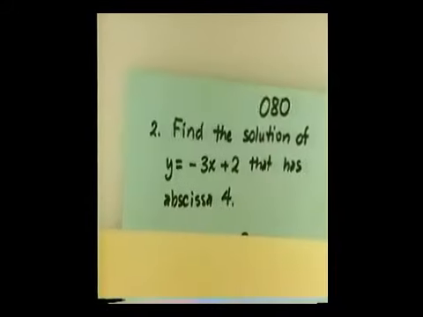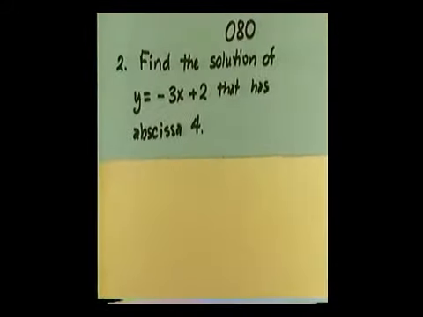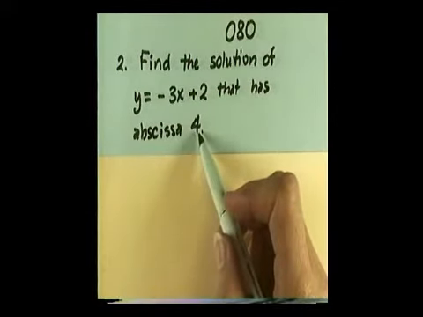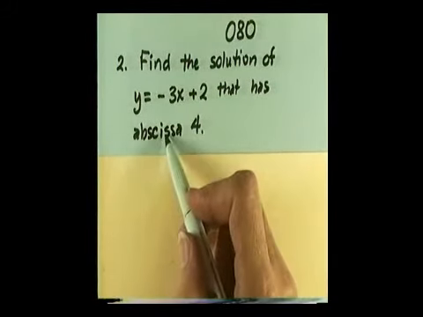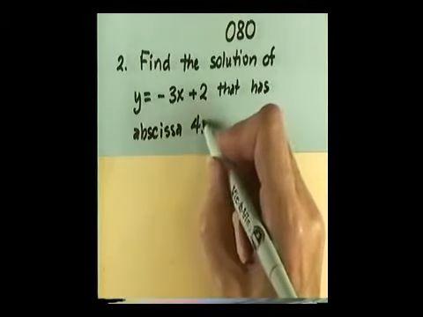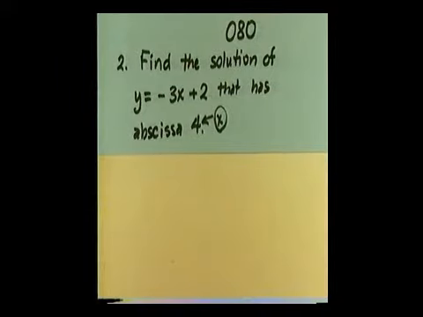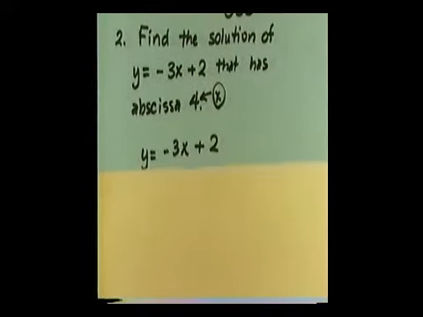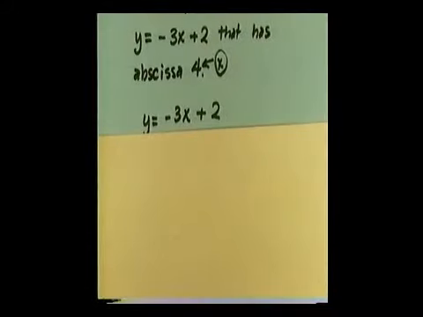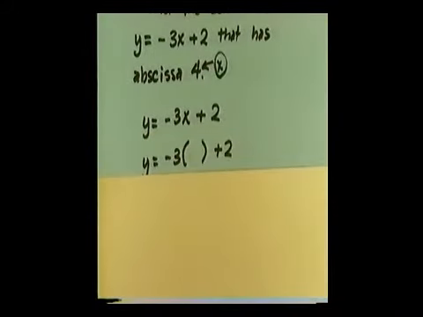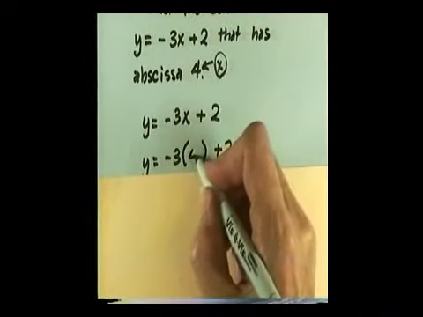Another type of question dealing with solutions is this. Find the solution of y equals negative 3x plus 2 that has abscissa 4. Remember that the abscissa is the first coordinate, which means abscissa is the x coordinate, and that means the 4 stands for an x value. Then this gives us y equals negative 3x plus 2. The x value is 4.